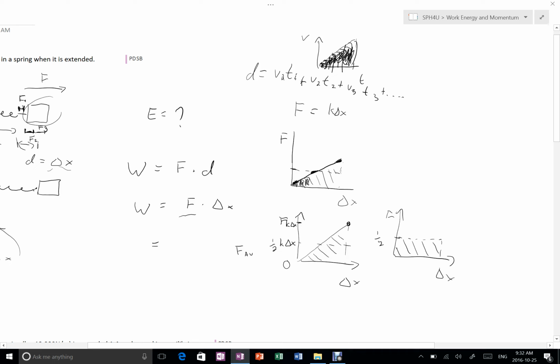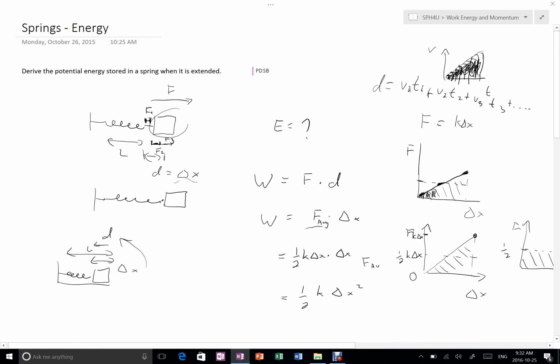So that's going to be the average force, 1/2 k delta x, times my delta x, which is going to be 1/2 k delta x squared. So that's the work to pull the spring from this location to this location.